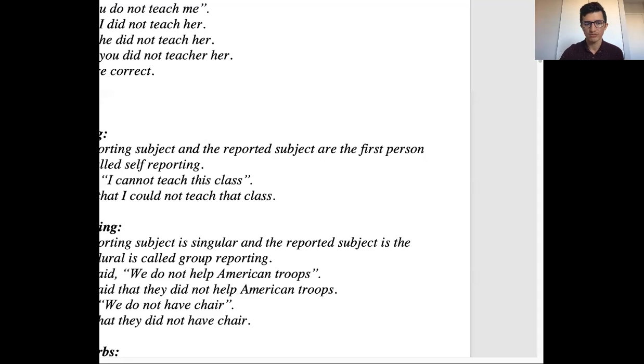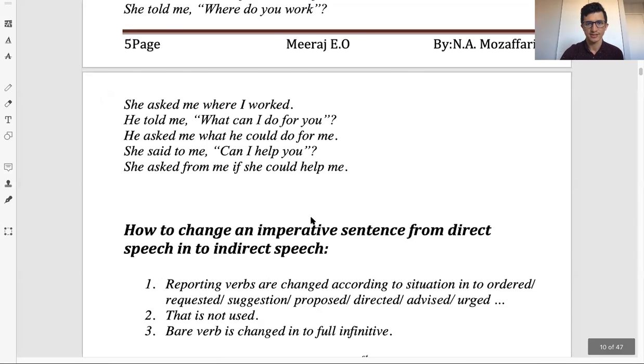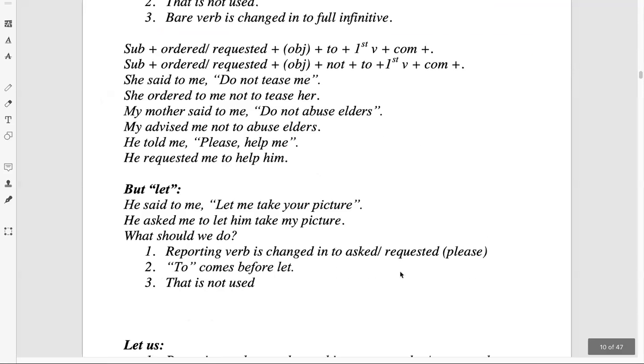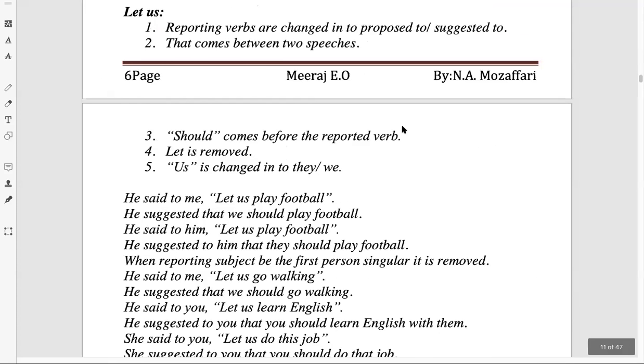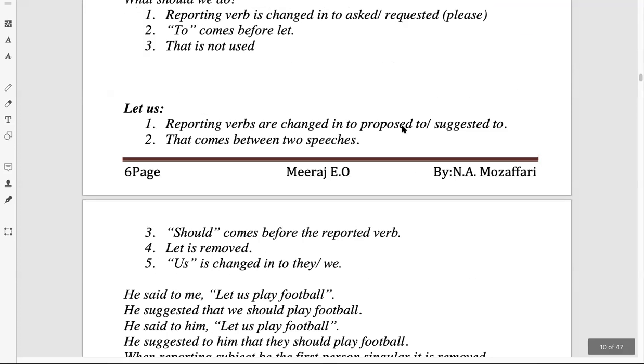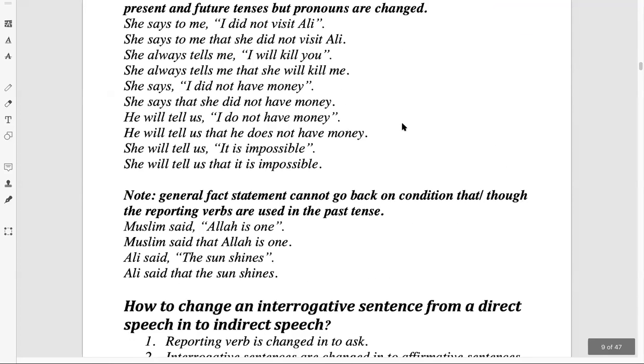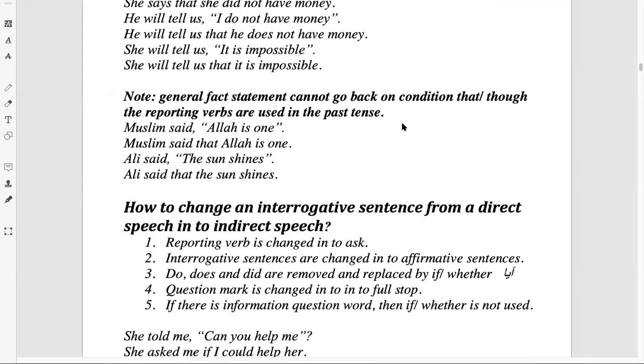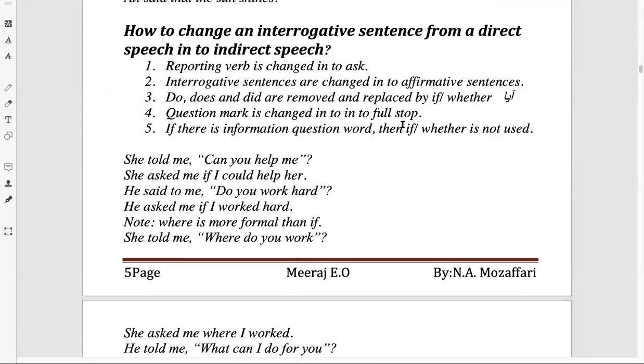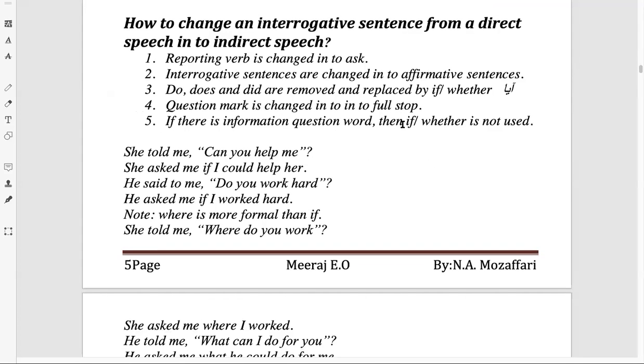So first of all, let's see our book, what we have here about interrogative sentences, if there's any specific formula or rules to change interrogative sentences. So there are some rules that when we change interrogative sentences or questions into indirect speech.